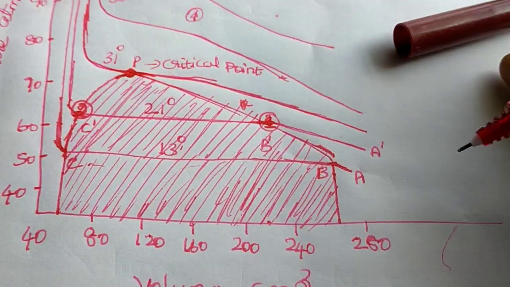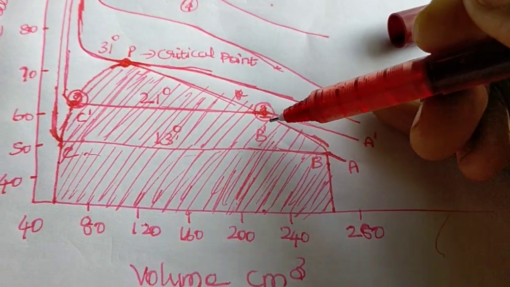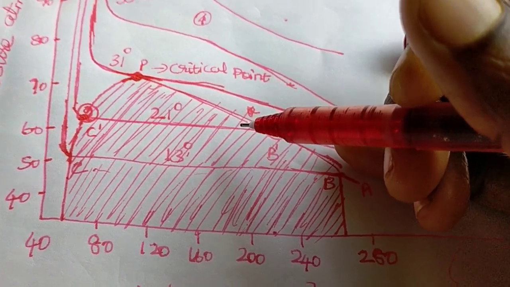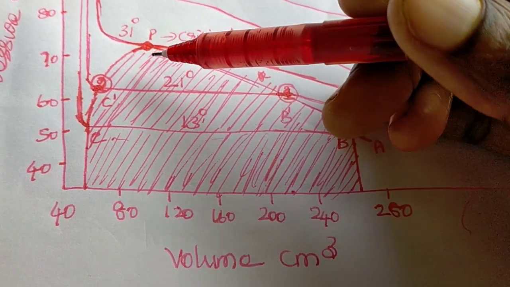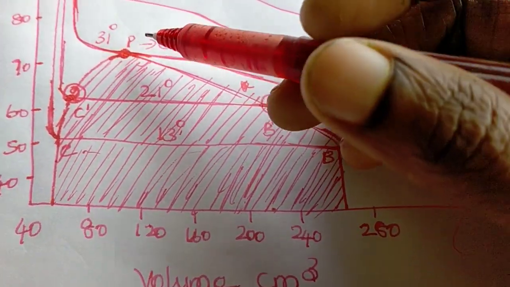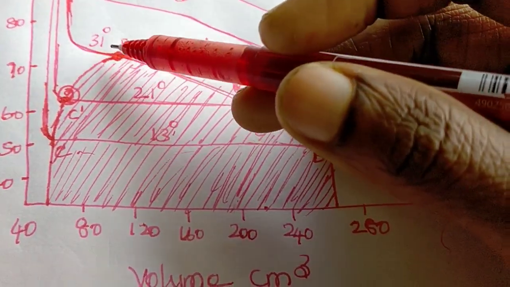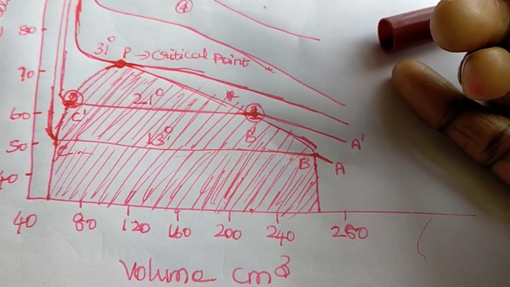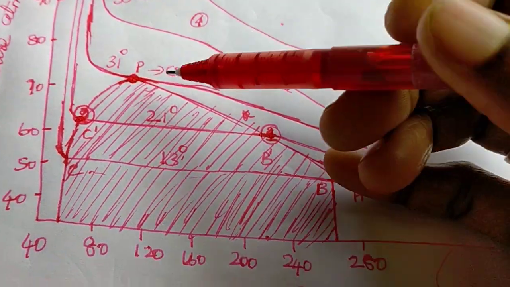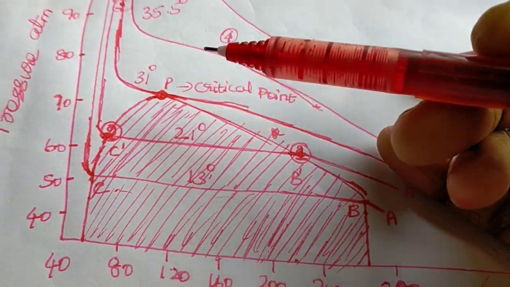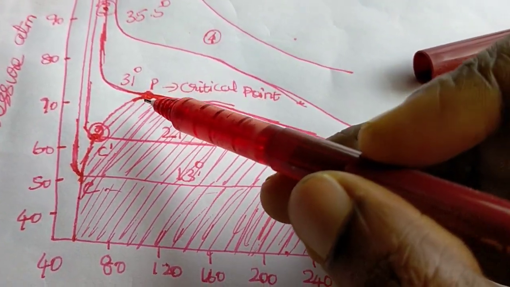The length of this isotherm is very short in this volume, and it is reduced to zero at point P. So we took some amount of carbon dioxide, and it is completely liquefied, or completely converted into liquid form, at the point P.